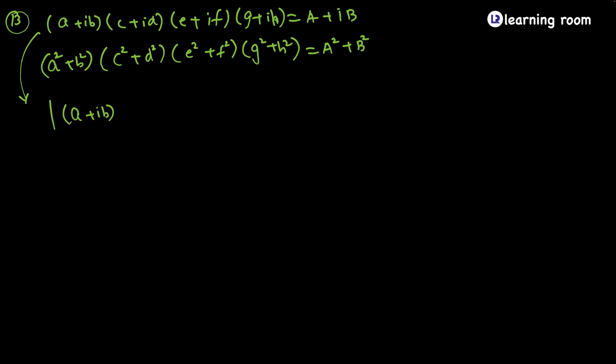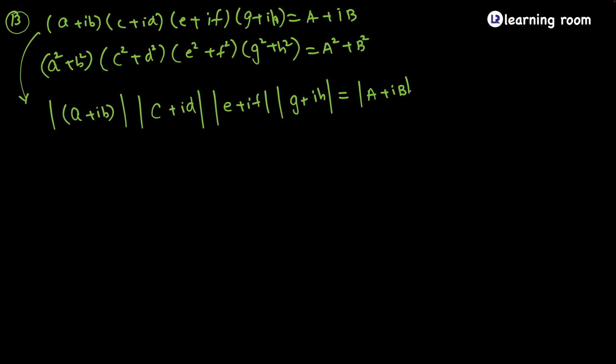The modulus of z1 times z2 can be written as mod z1 times mod z2. So we get mod of (a + ib) times mod of (c + id) times mod of (e + if) times mod of (g + ih) equals the modulus of the right side.